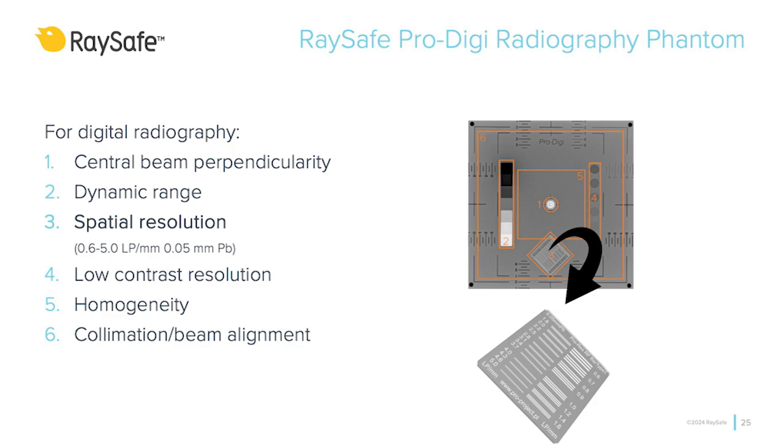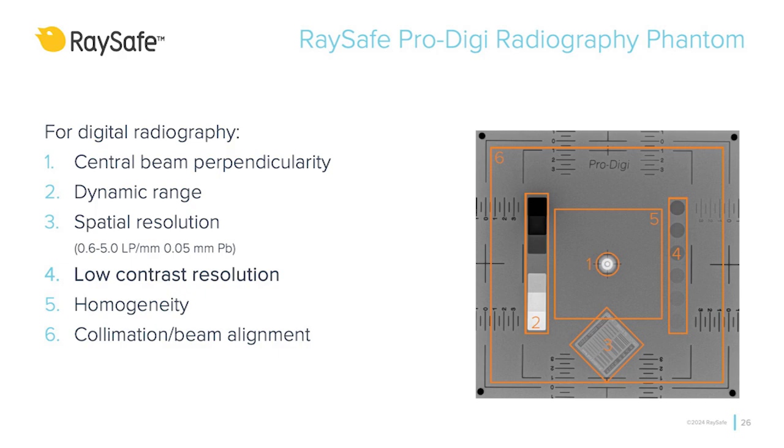The corresponding line pairs per millimeter values are specified for each bar pattern. Test number 4 is low contrast resolution. For low contrast resolution, determine the number of visible low contrast objects. These holes, the objects, are drilled to different depths.